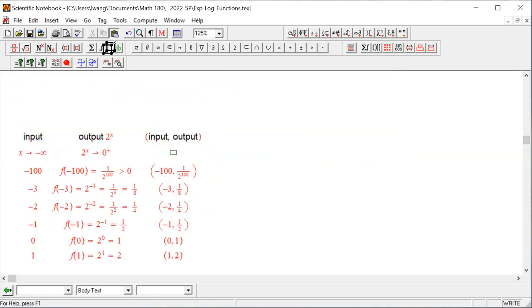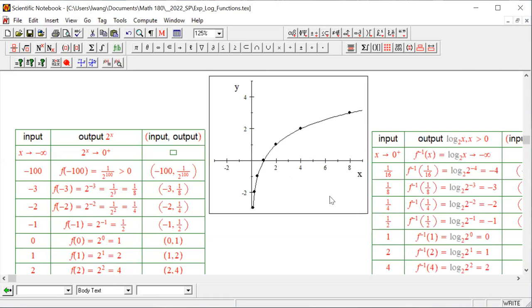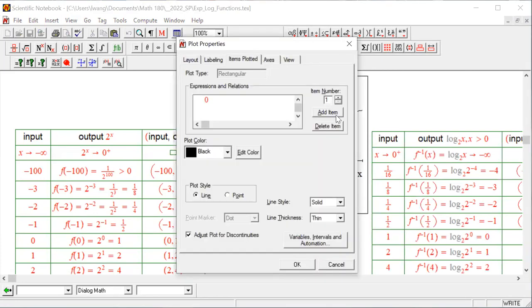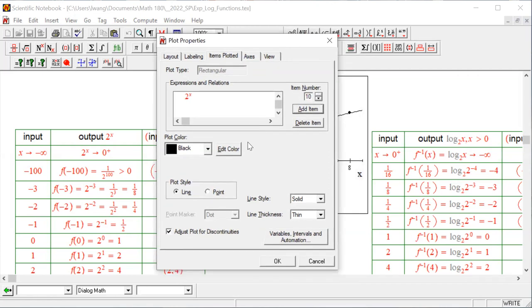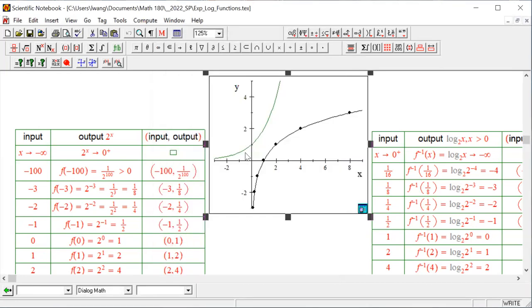And I plot 2 to the power x. Let's use the color green. You see these 2 curves.